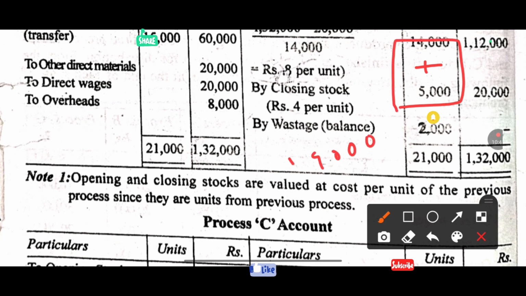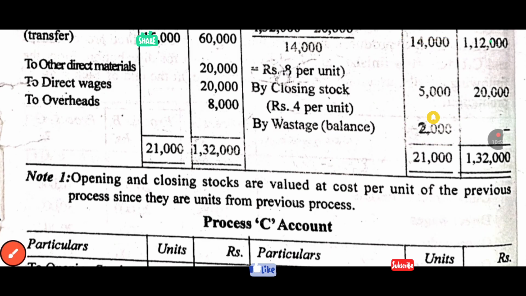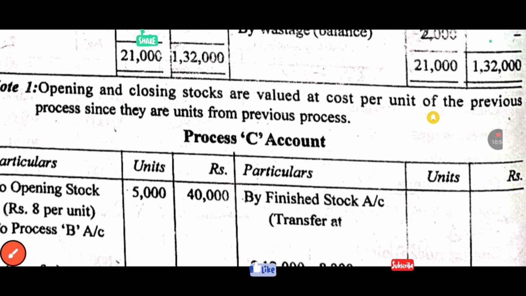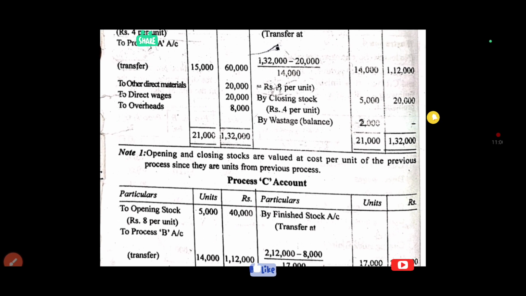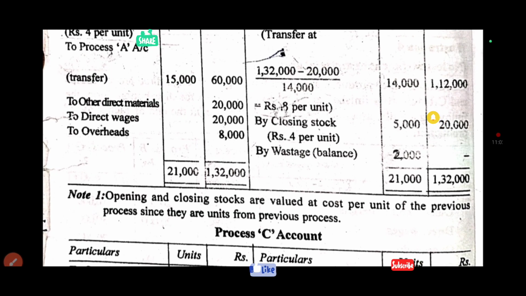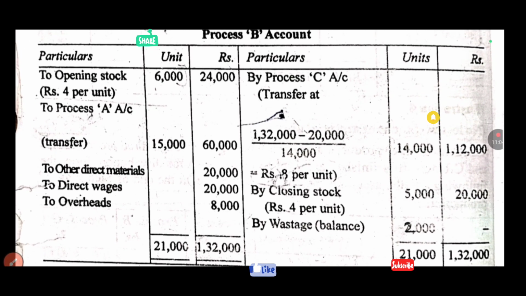That 19,000 units is subtracted from the 21,000 units, and you will get the balancing figure of 2,000 units. Against this you are going to write "by wastage" 2,000 units, right? We completed the process B account.